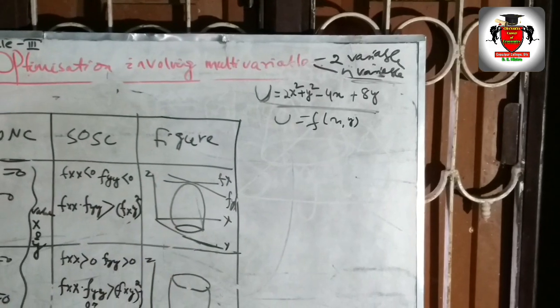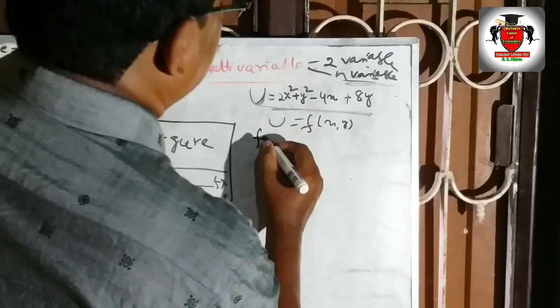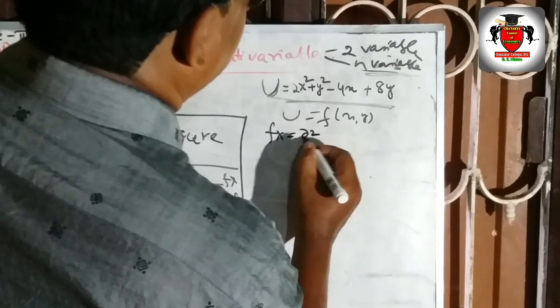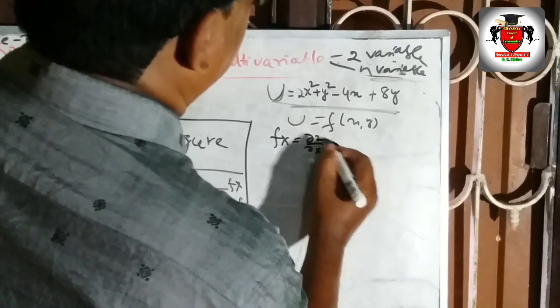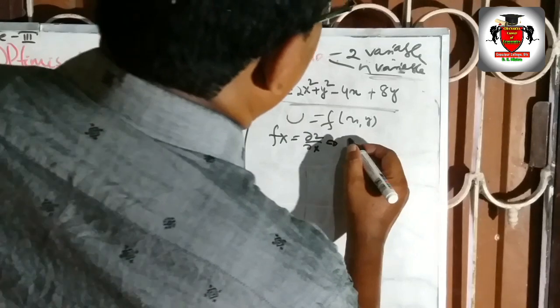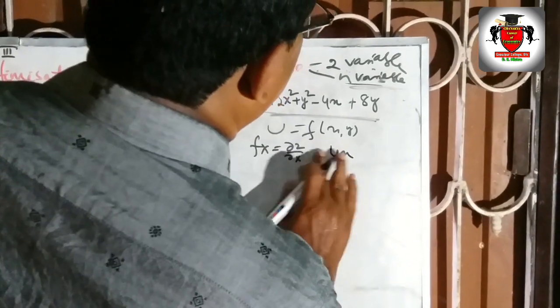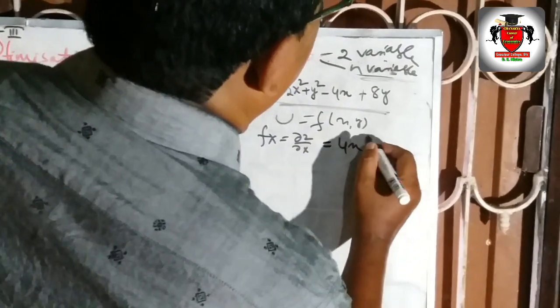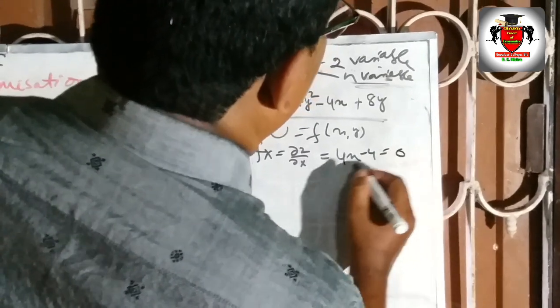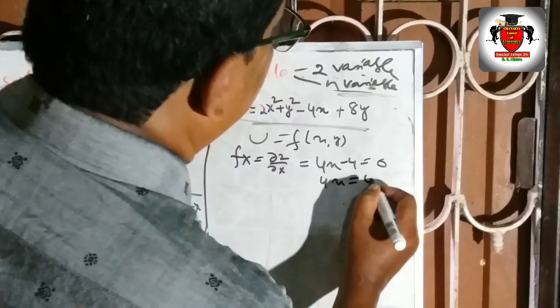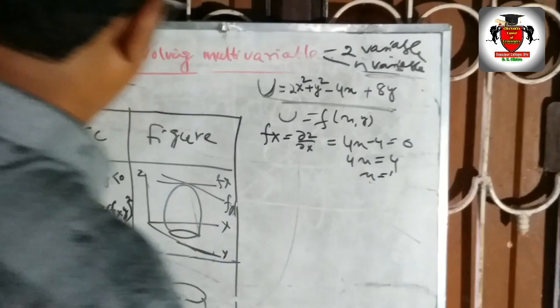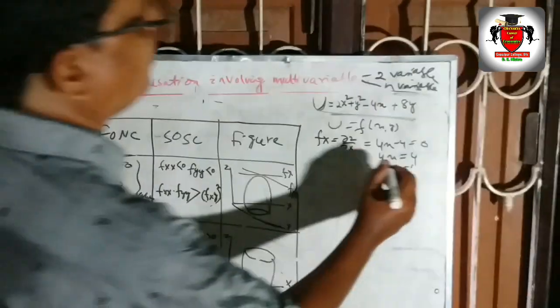So the first order derivative says fx, that means del u by del x. From the example we find 4x minus 4 equals 0, so 4x equals 4, x equals 1. So the value of x is 1.